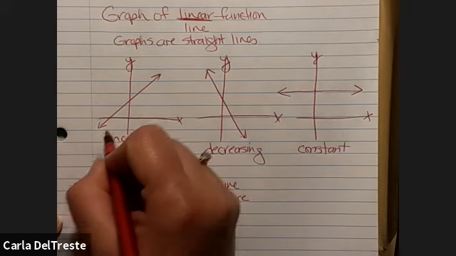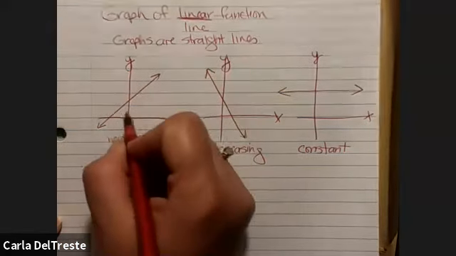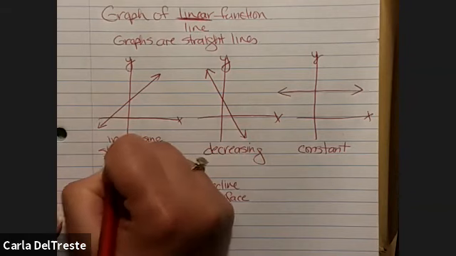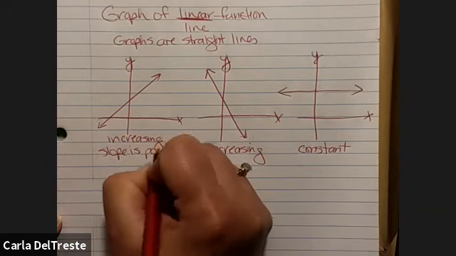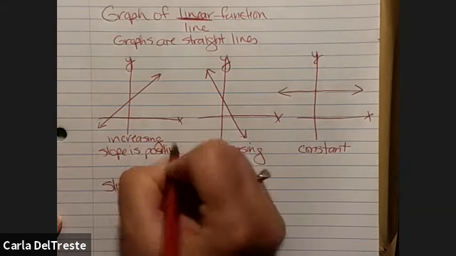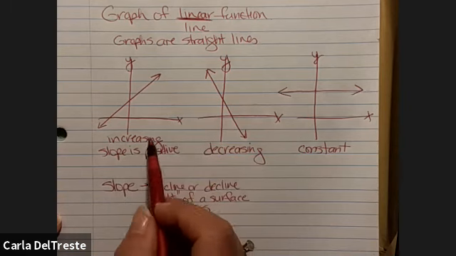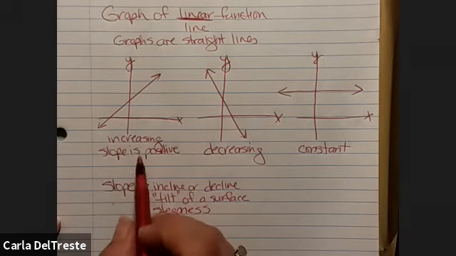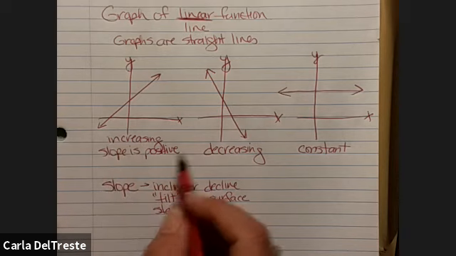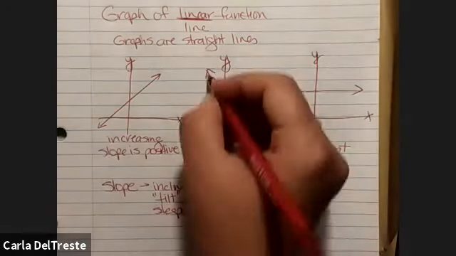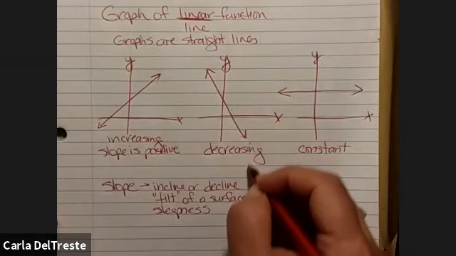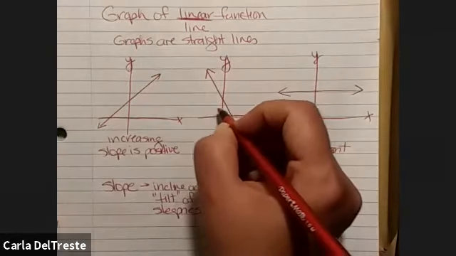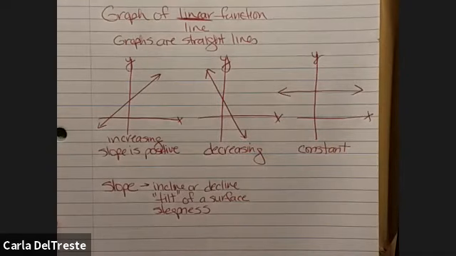When you have an increasing line, you are going up, and so the slope is positive. These two things always have to mesh. They always have to coincide. Increasing lines with positive slope. If we are decreasing, we're coming down, so it's a decrease or a negative change.